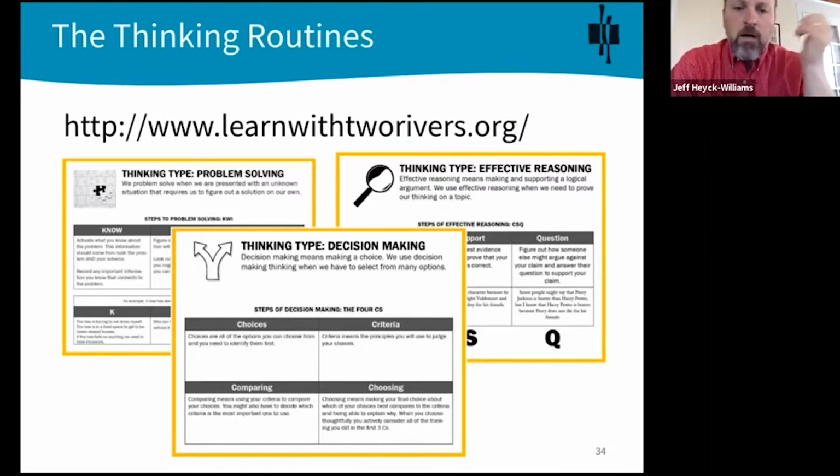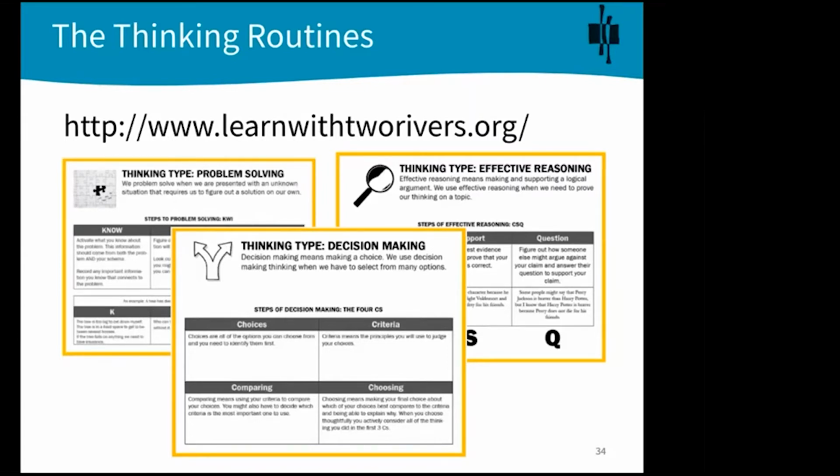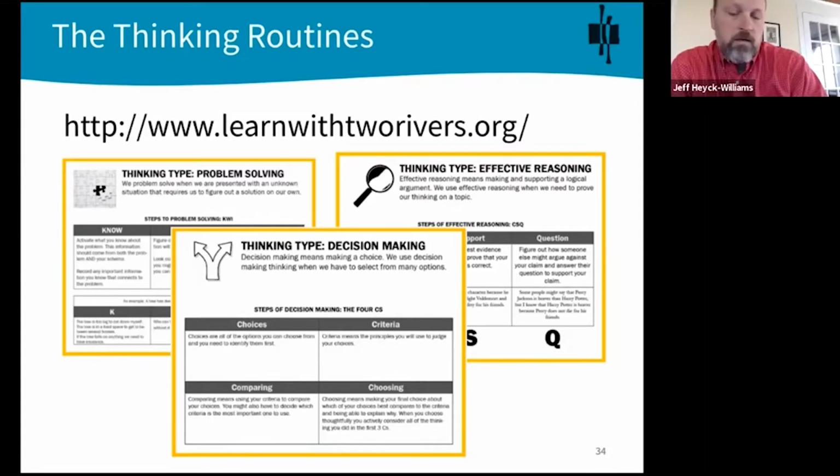And then the last portion is decision making, which I talked a little bit about before. It was around making choices, identifying criteria, and then also prioritizing that criteria, comparing the choices based on the criteria, and then making a final choice.